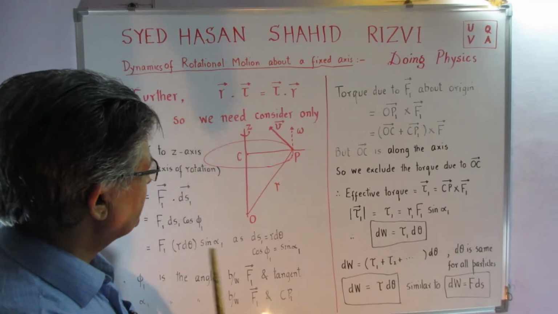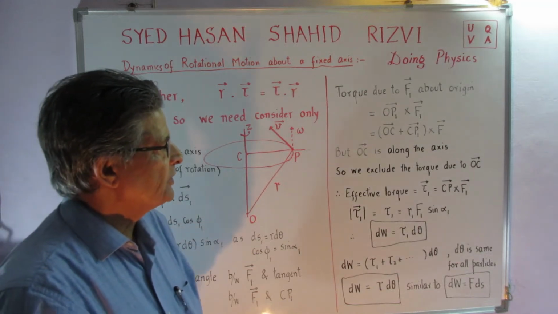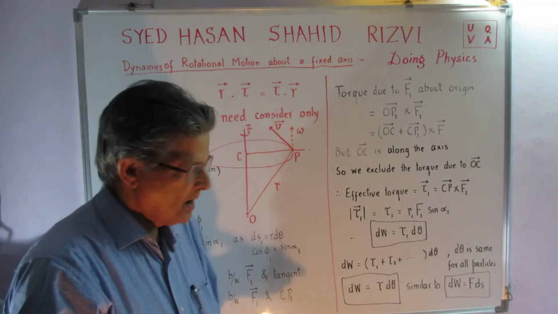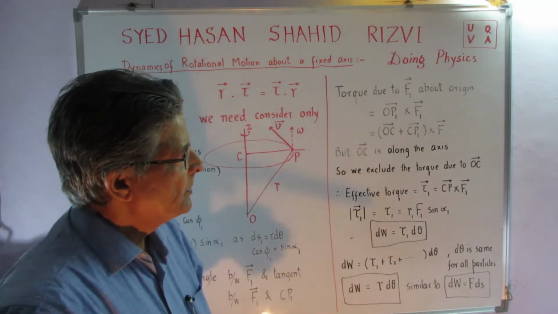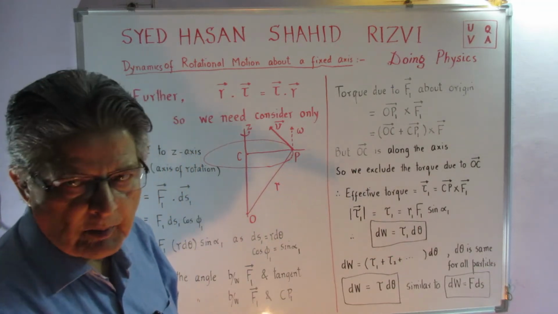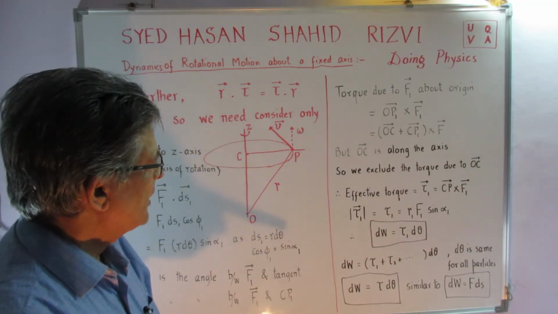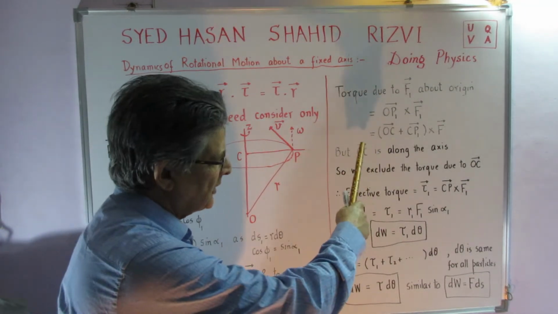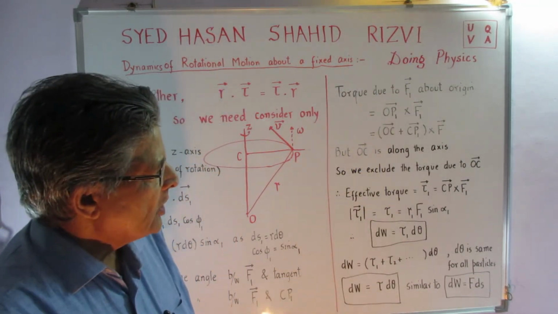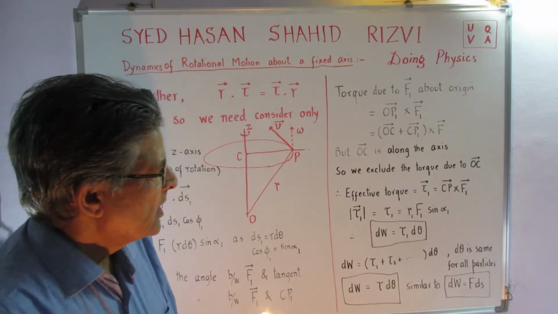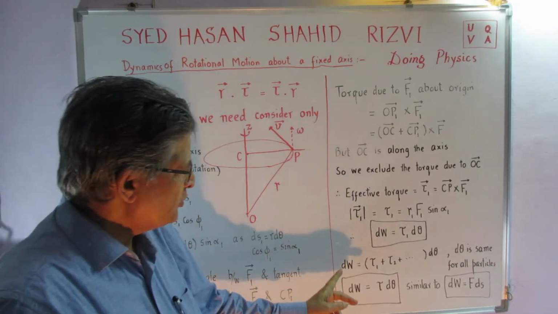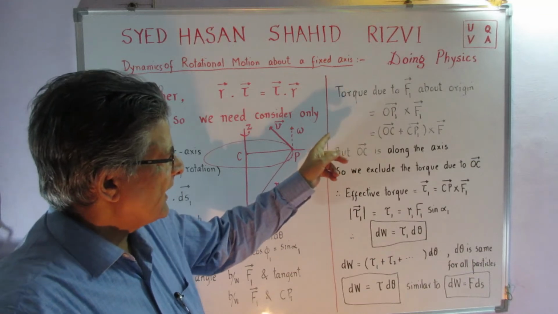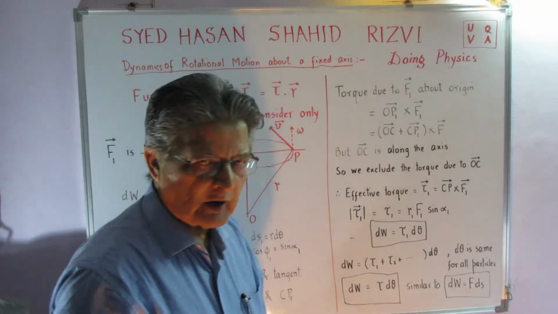So after these definitions, let us calculate the torque about the origin due to F1. This will turn out to be OP1, that we had in that figure, cross F1. But we can split OP1 in two parts, one is OC and the other is CP1.